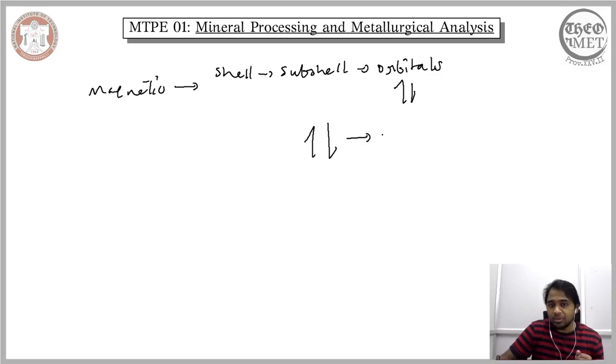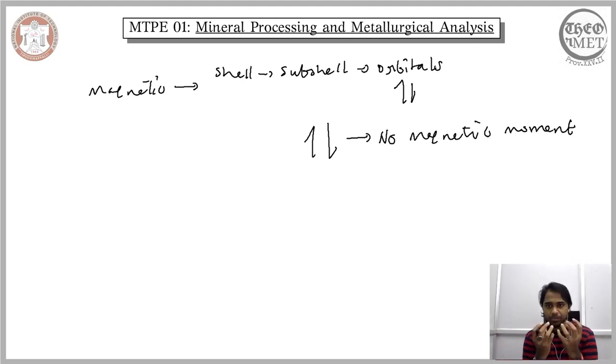So you end up with no magnetic moment. The magnetic moment of a mineral comes from the spinning of the electrons. In the case where a pair of electrons occupies every orbital of every element, spinning in opposite directions, they cancel out each other, and therefore you have no magnetic moment.